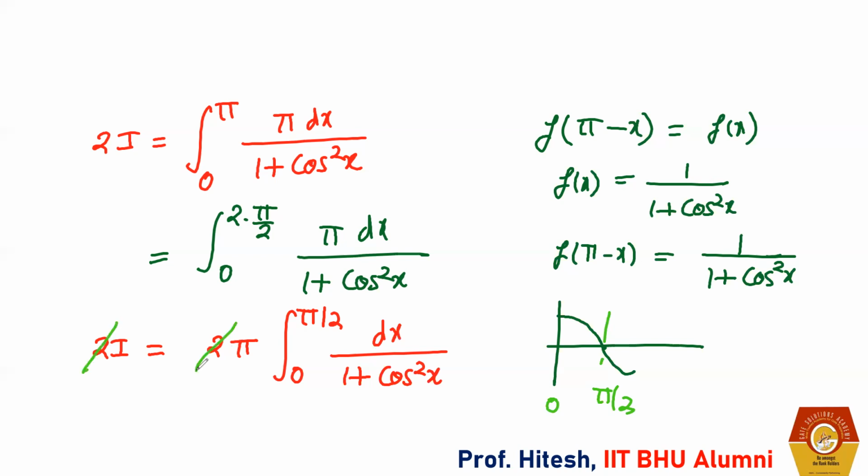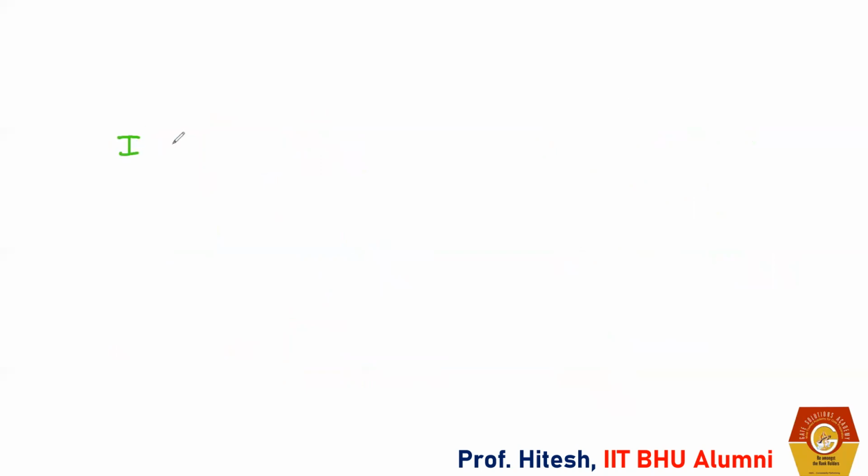So let me clear. Now I is equal to pi into 0 to pi by 2. I have multiplied sec square on both sides.